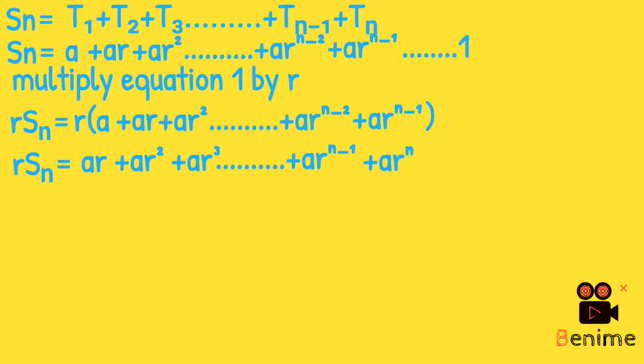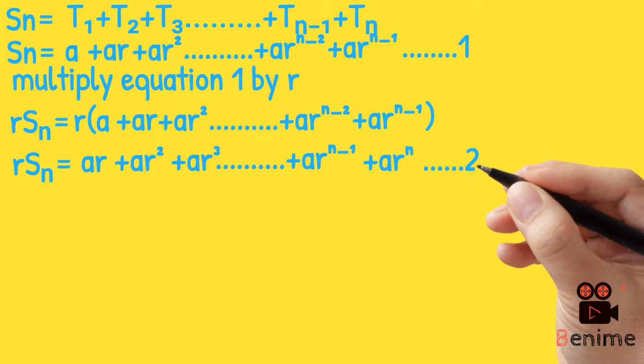So now what we have is rSn is equal to ar plus ar squared plus ar raised to the power of 3, and so on until you get to ar raised to the power of n minus 1 plus ar raised to the power of n. So this is a different equation from equation 1. We call this equation 2. So we have two equations.